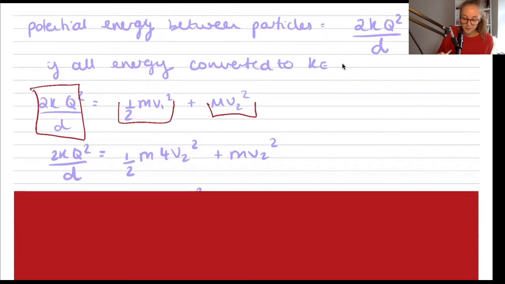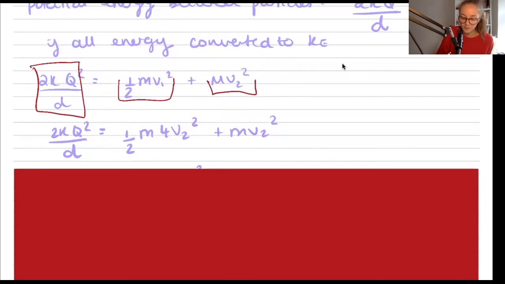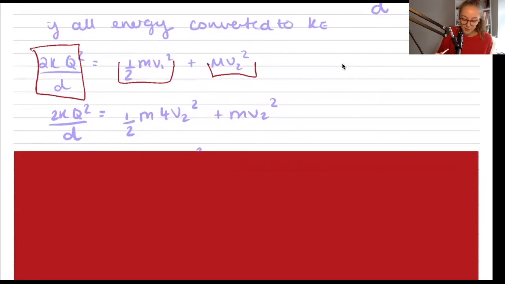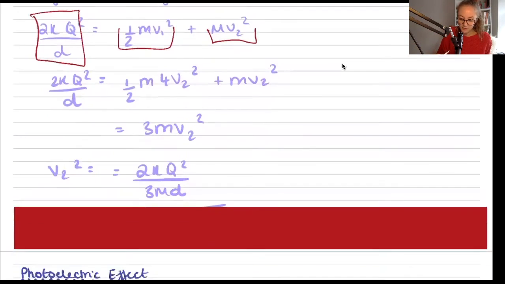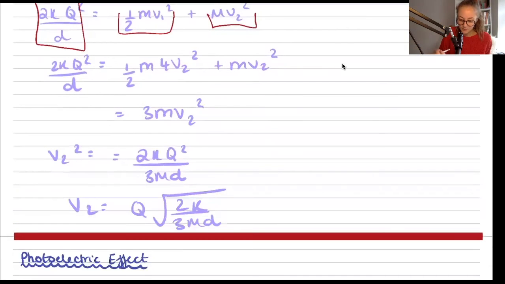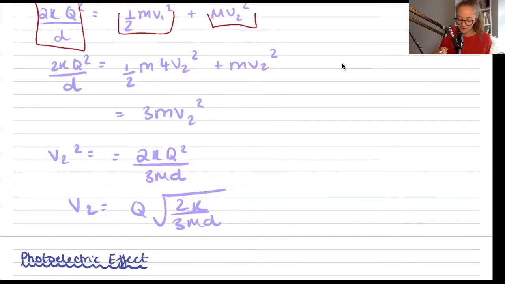And we had an expression for V1, so we can replace that to get an expression where the only unknown is V2. And then we can rearrange that to get a final expression for V2. Essentially, that was conservation of momentum and conservation of energy.